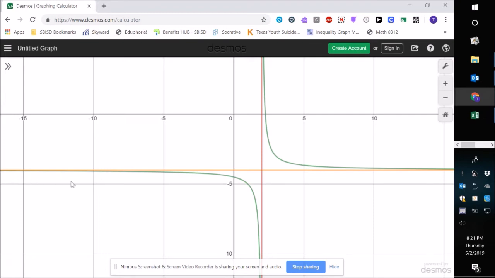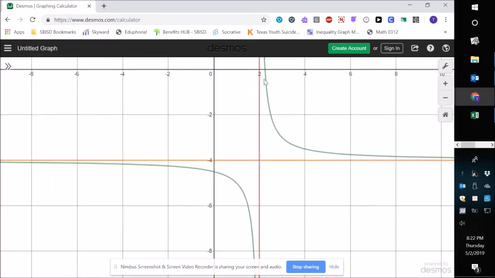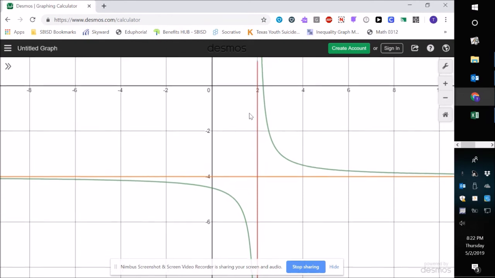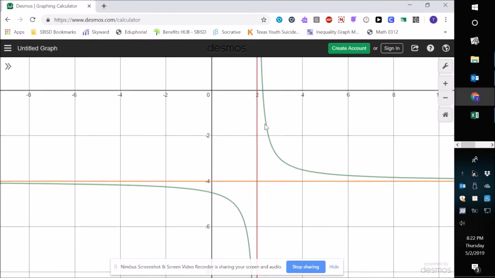So if the left side of the graph is going forever to the left, that means it's going towards negative infinity. And then the right side of the graph, if it goes forever towards the right, then it goes towards positive infinity. And that's for the domain, because I'm talking about left and right. But the issue is here. If you look at the red line, the vertical asymptote, where it's at 2, this is where the graph will split.